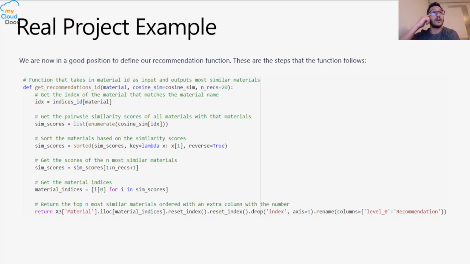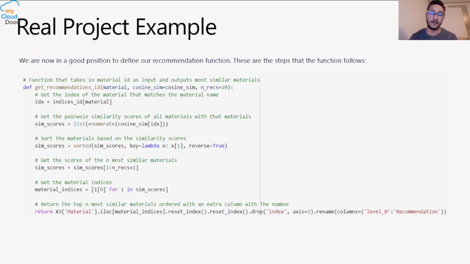So here, we are now in a good position to define, after we created the bag of words, the combined feature, after we introduced it to a count vectorizer, after we created the matrix with all the count numbers and calculations of the appearances of the words, and then we introduced that same matrix twice into the cosine similarity feature that is built in the scikit-learn model, and calculated the similarity score.